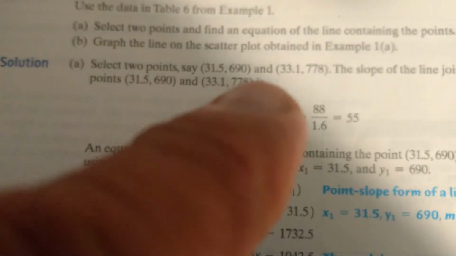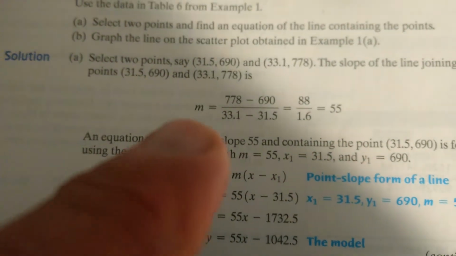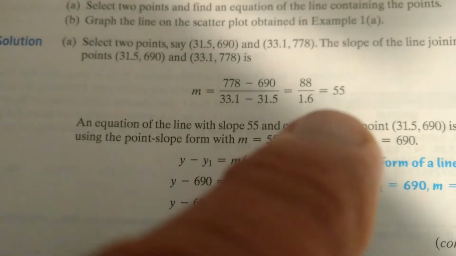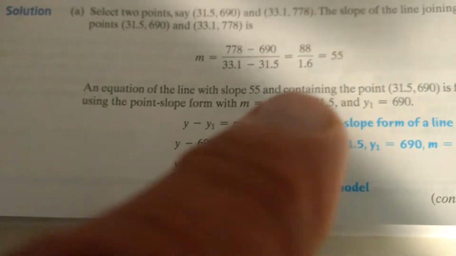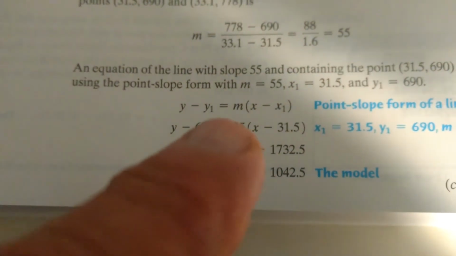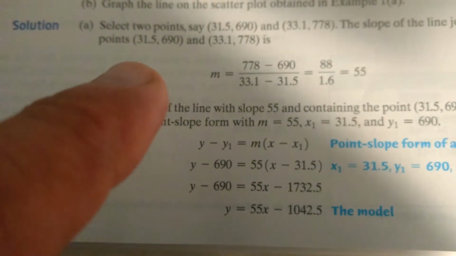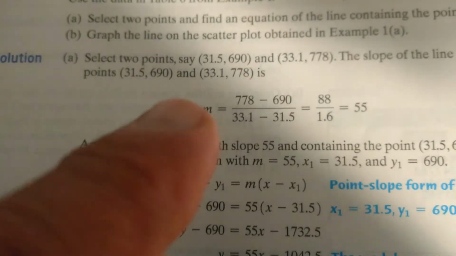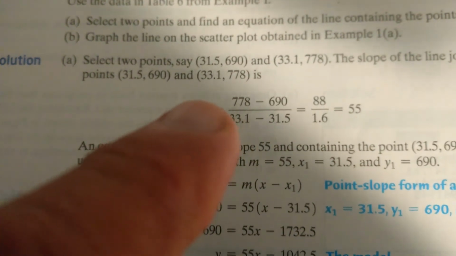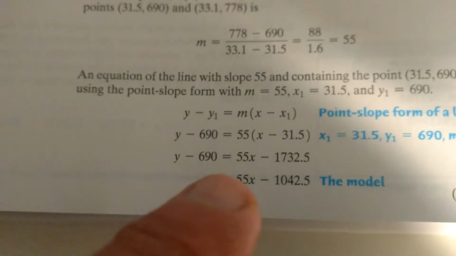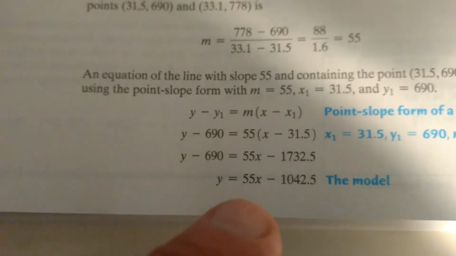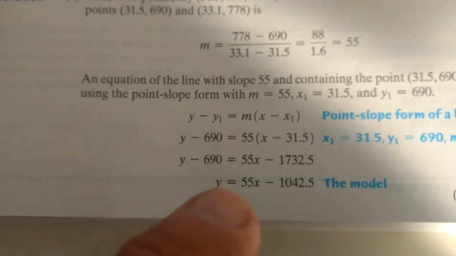So here's your x1, y1, x2, y2. When you stick it in the slope formula, you get a slope of 55. If you take that slope of 55 and put it in for m, and they're using the point (31.5, 690), you could have just as easily used (33.1, 778).